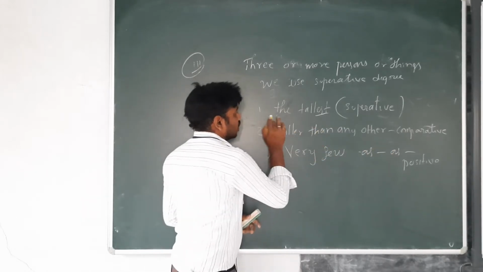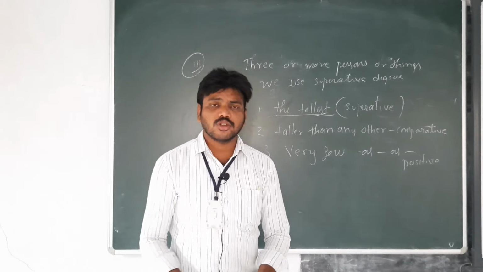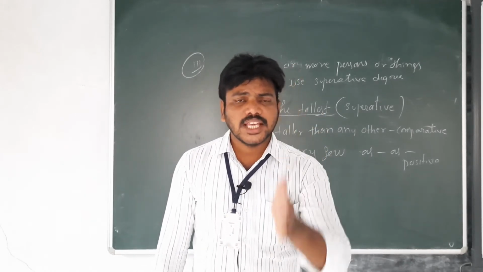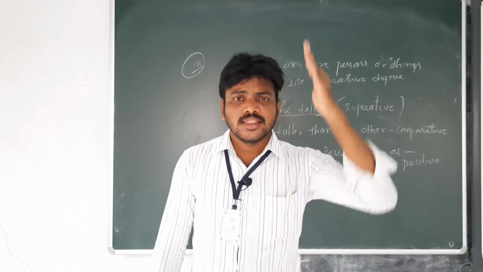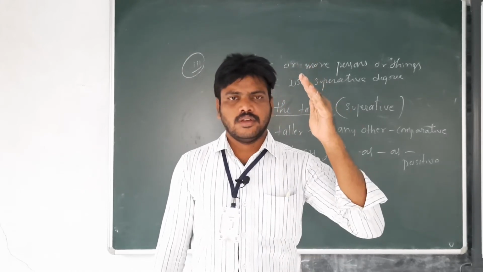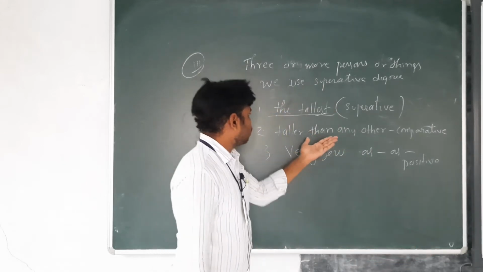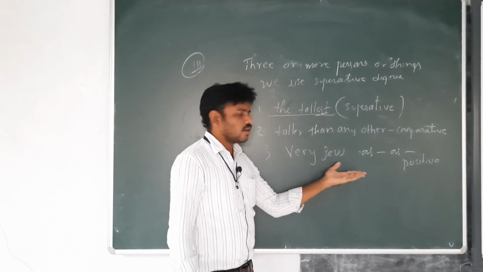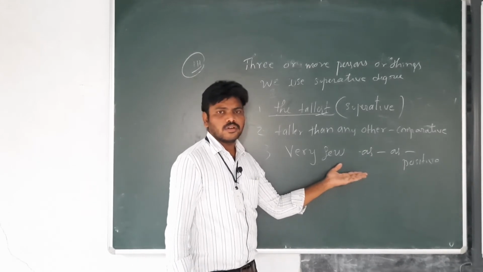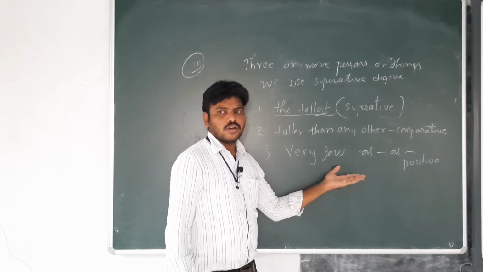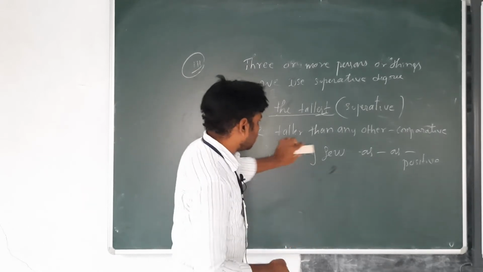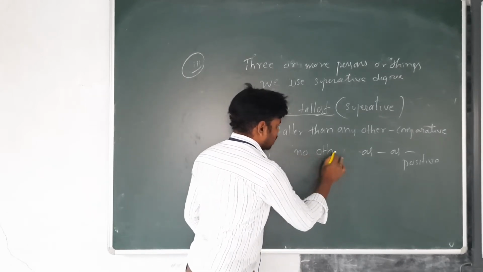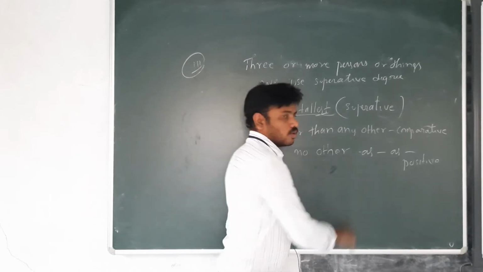If you find the tallest in any sentence, the tallest, the biggest, the smallest, the longest, the brightest, we should write this form: taller than, or very few, or we can write no other, as.